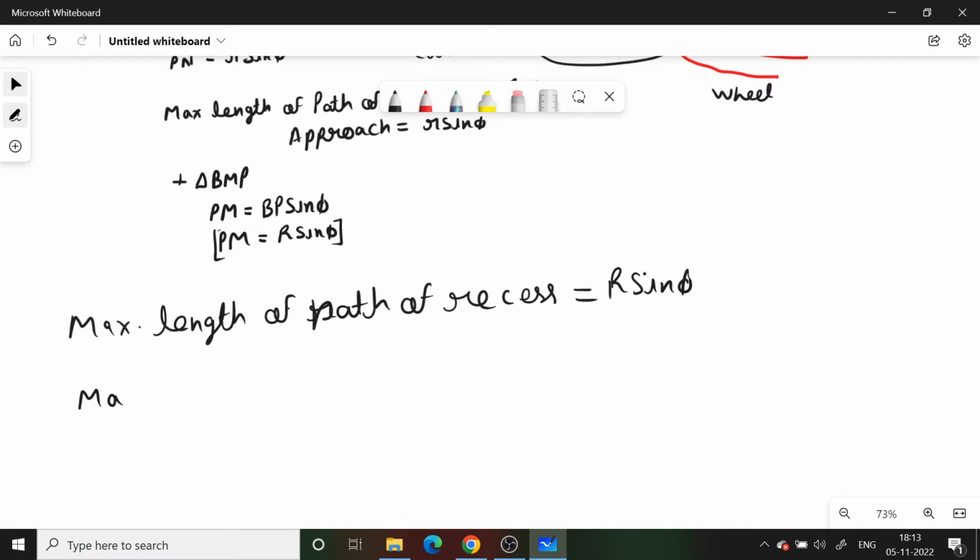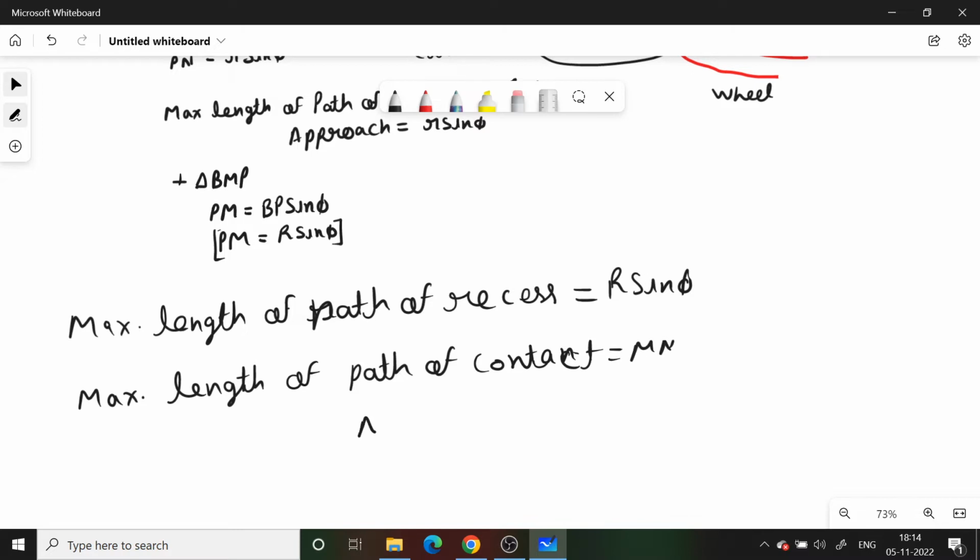So the maximum length of path of contact is equal to MN. So from here MN will be equal to small r plus capital R sine phi.